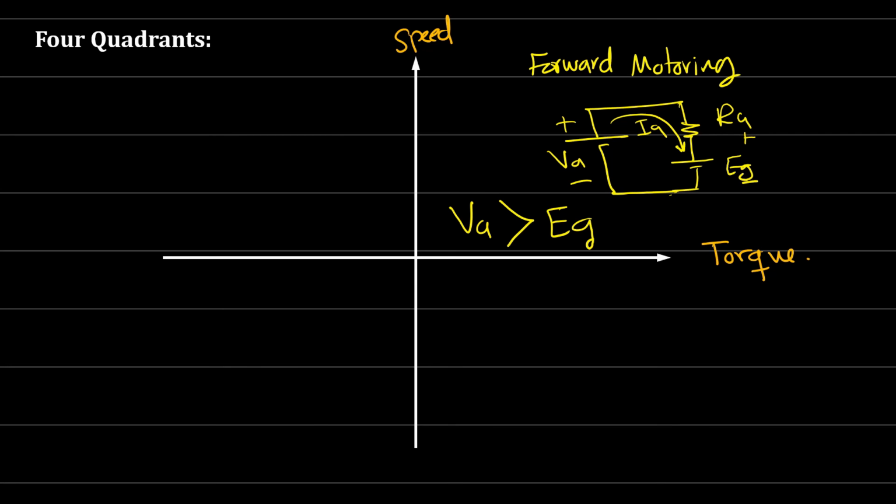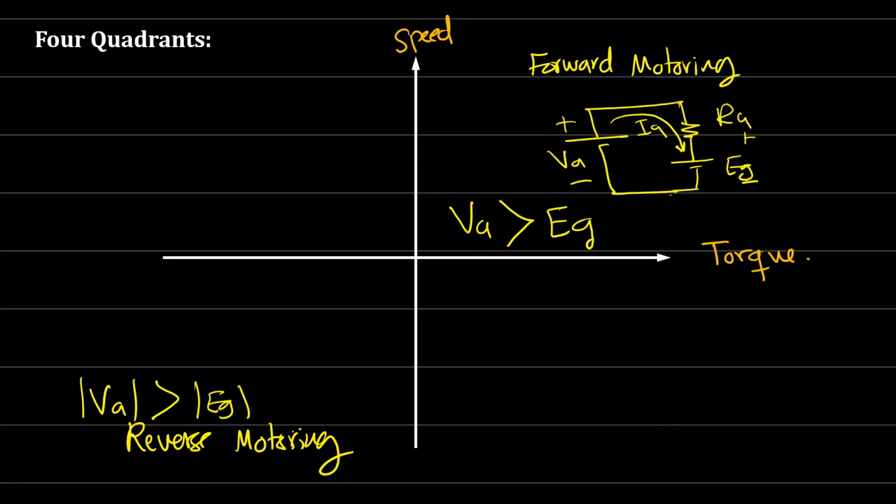The opposite of this one is what we call reverse motoring, where the absolute value of VA is greater than EG, and then the terminals will be reversed, and also this will be reversed.